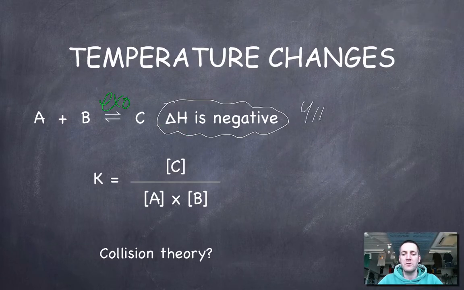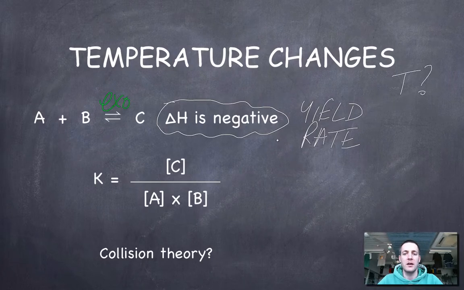So we're going to look at things from a yield perspective and from a rate perspective, and we're going to ask ourselves, what sort of temperature would I ideally like to use? Now if I want a high yield, I want to favour the forward reaction, which is exothermic, so it gets hot. So the system must be opposing what I'm doing by getting hot, so I have to use a low temperature to favour that forward reaction.